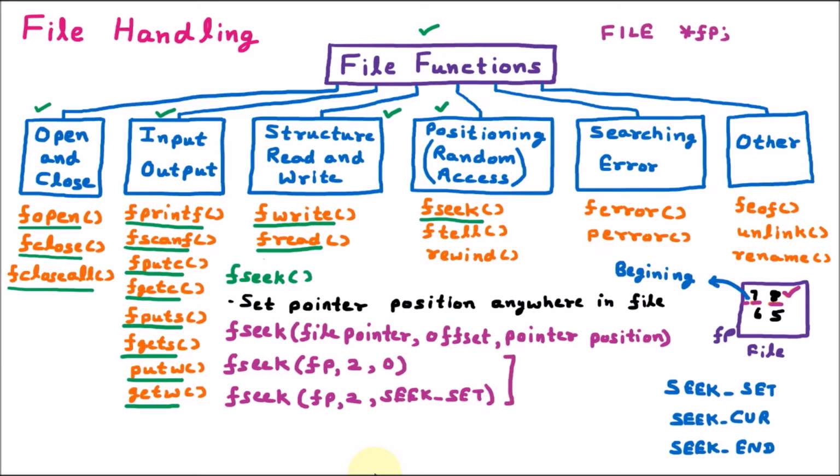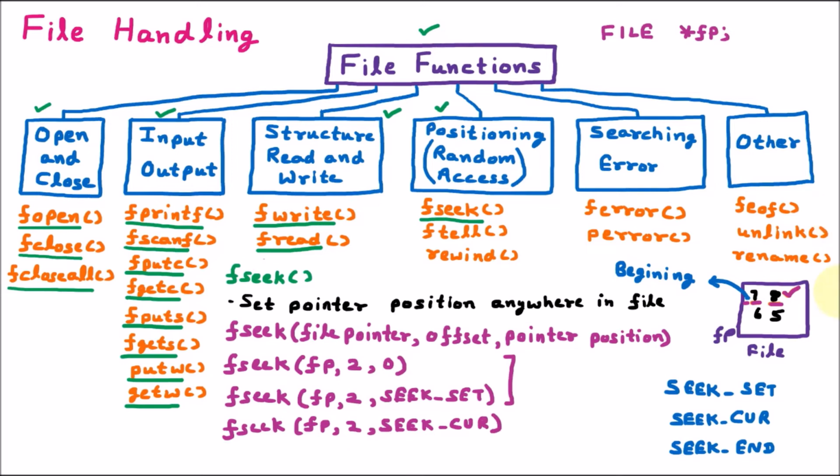Now we are taking one more example. Let's say we are using fseek, moving to a specific position, file pointer, comma 2, comma, here we are using SEEK_CUR. So from the current position, we want to move forward by 2 bytes.